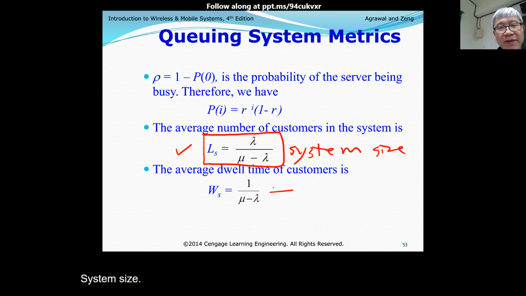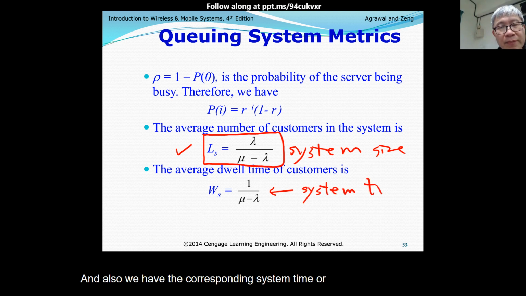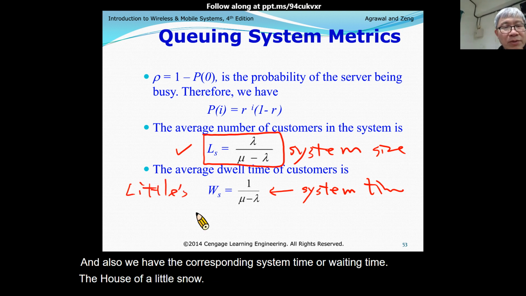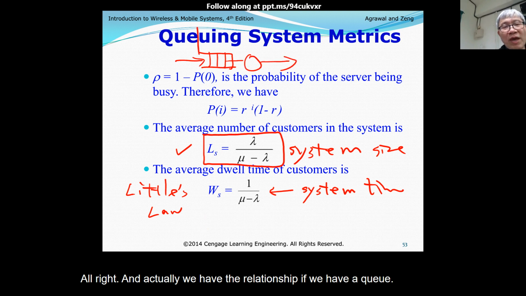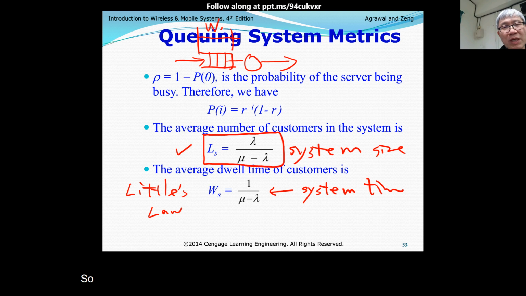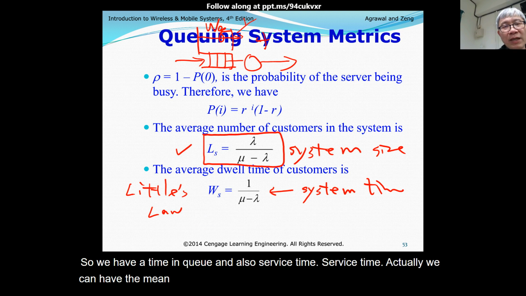And also we have the corresponding system time or waiting time because of Little's law. All right, and actually we have the relationship if we have a queue. So we have a time in queue and also service time. Service time, we can have the mean service time, which is normally 1 over mu. So we have this.